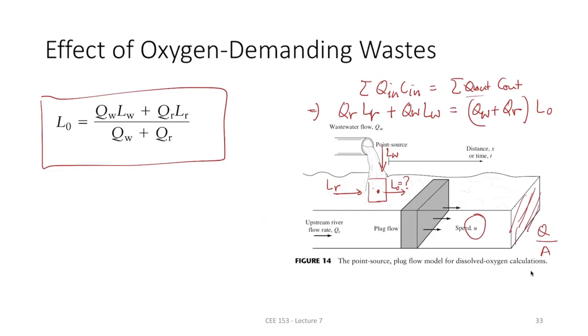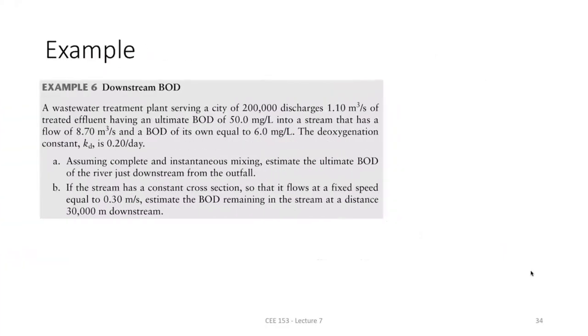So now you have to solve for how L0 changes with time, how that L becomes Lt after a distance. Then you can calculate what that concentration is at different distances. So before we solve for this one, let's have an example where we just mix, without even having to consider the concentration far away downstream.